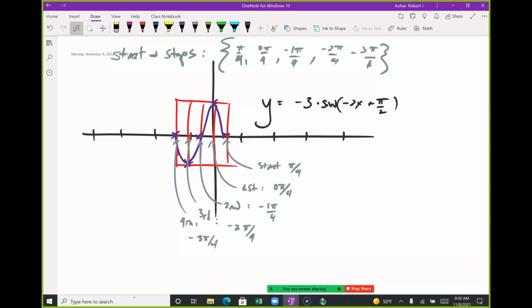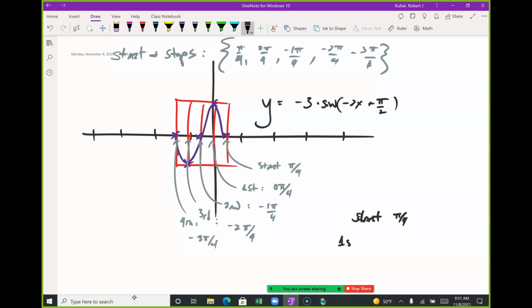So just to be clear, when you get the quarter steps, what you do is you get the phase shift and you add the quarter step to it. So once I get the start, the phase shift, I add the first step, which in this case would have been minus pi over 4. So remember, my start was pi over 4.